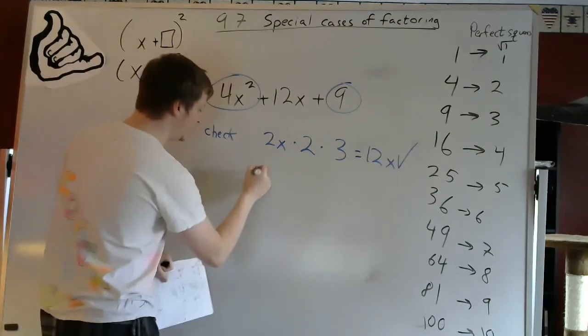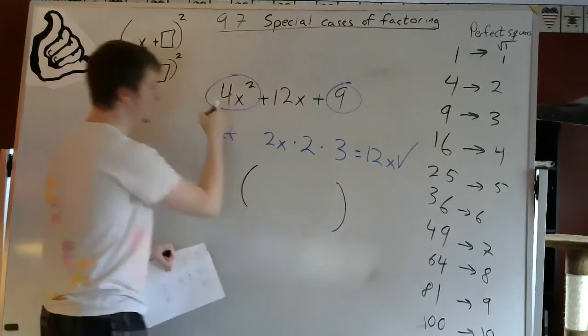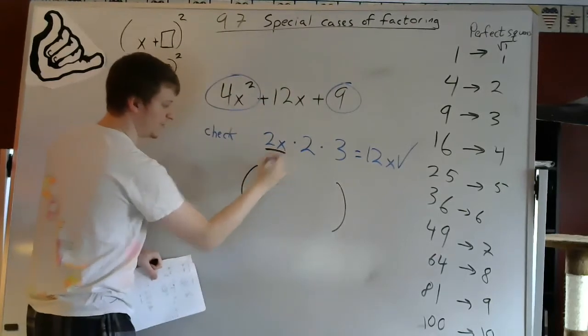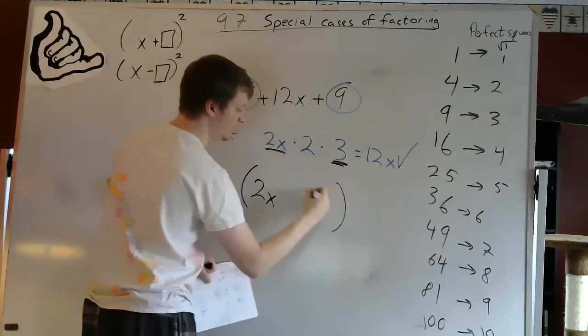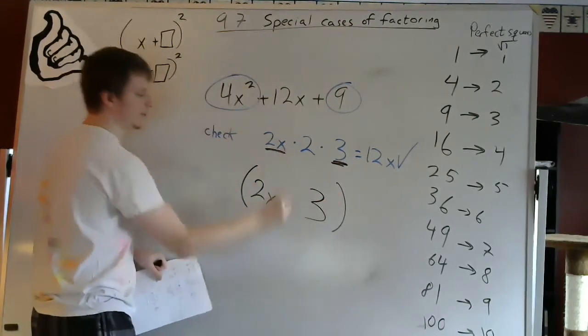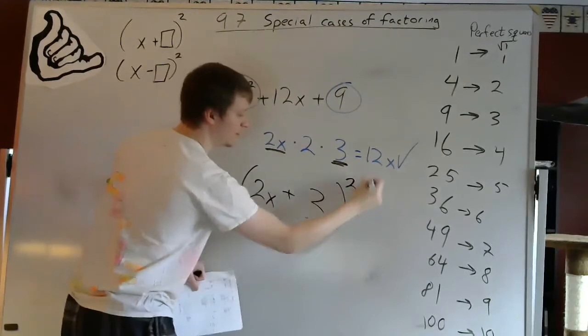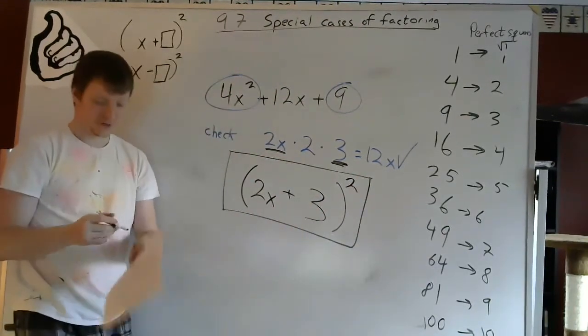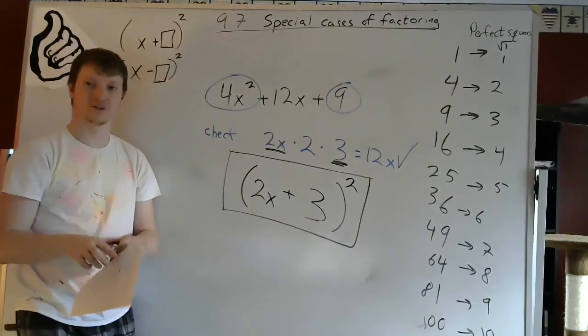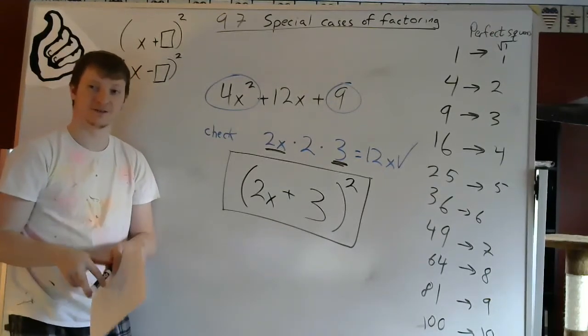The answer being the square root of the first thing, which we found was 2x, the square root of the last thing, which we found was 3, and the sign that's in the middle. And the whole thing is squared. 2x plus 3 squared is our answer.